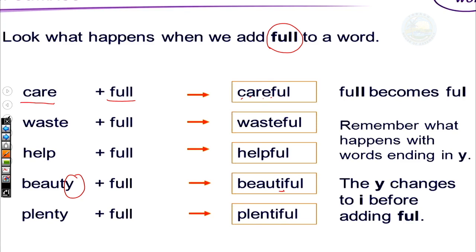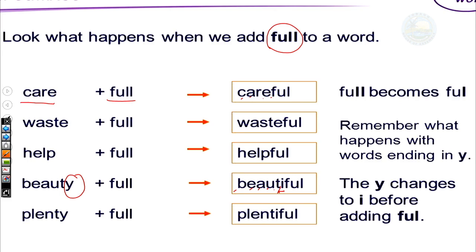And also, that full that we are adding will have one L at the end. So beautiful is spelled, spell it with me, B-E-A-U-T-I, the Y is changed to I here, F-U-L. Let's spell it again, B-E-A-U-T-I-F-U-L. One L at the end.